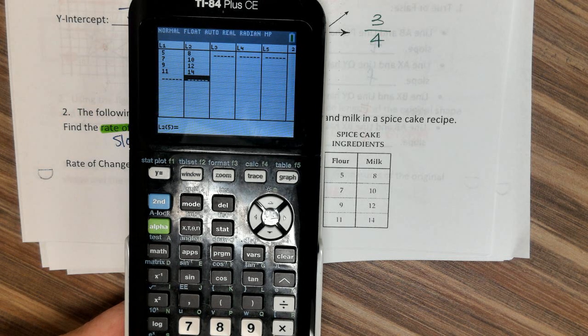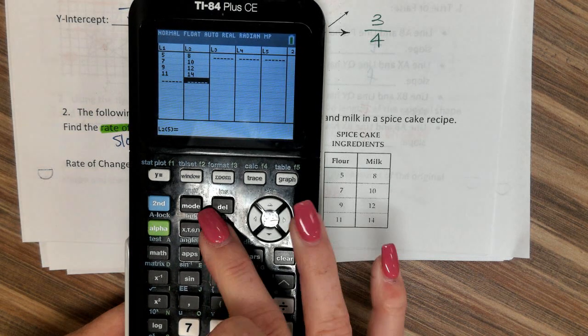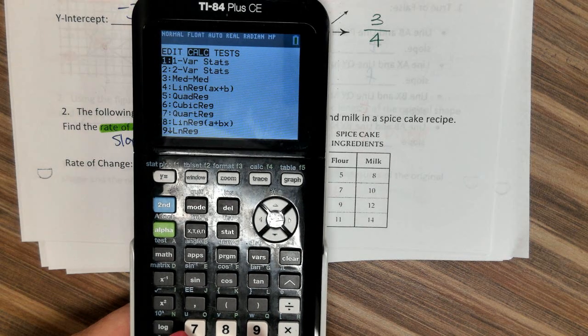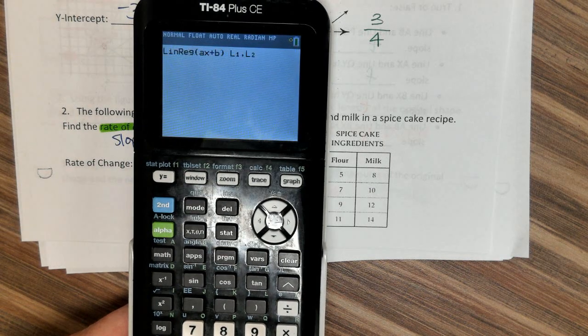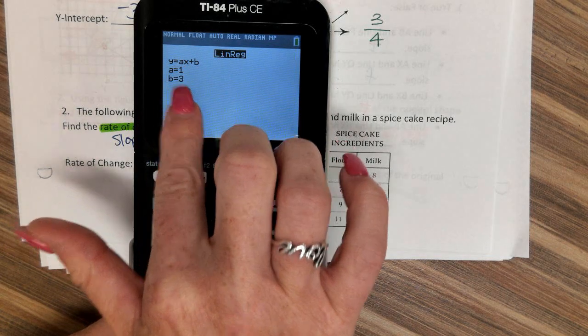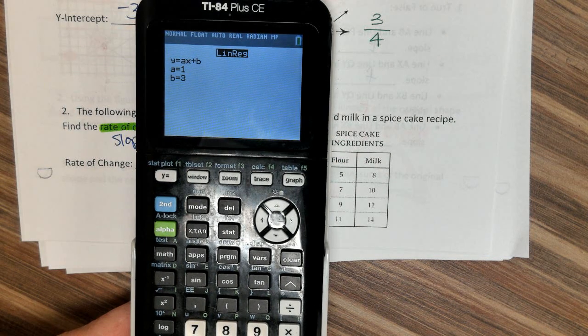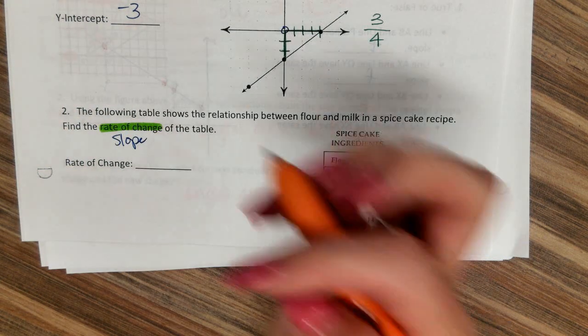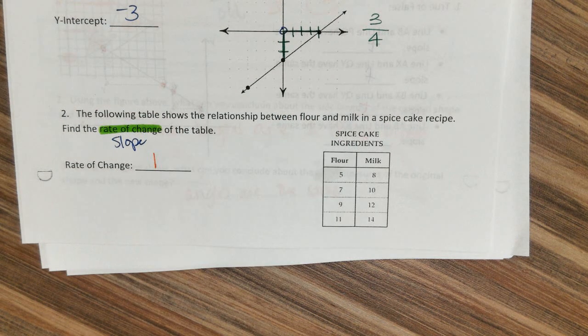Now where do I go? Stat, calc, option 4. What is the slope? Which one's the answer, the 1 or the 3? The 1. So the slope, the rate of change, is 1.